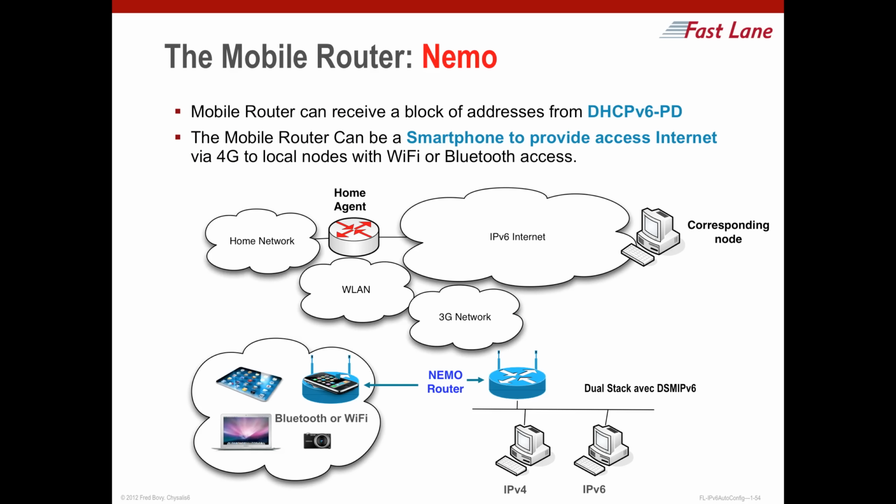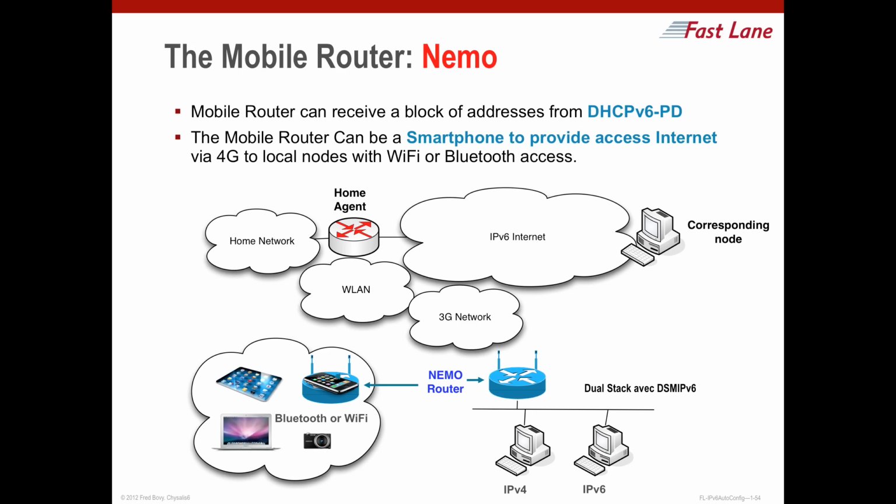The mobile router is also actually an application of mobile IPv6. This time it is the whole router which is roaming. And it may have many nodes attached, and all the nodes are moving with the router.